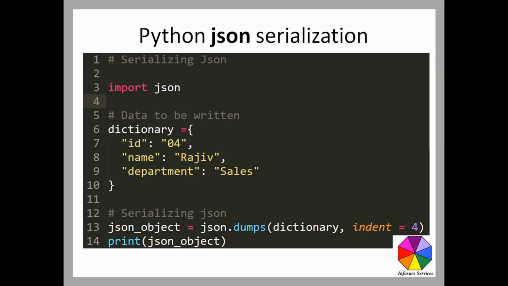So the data transfers between two systems in JSON format. When you're doing so from one system to another, you have to serialize, and it's called JSON serialization. So here json.dumps writes from the dictionary inside Python to a string. So that's JSON serialization.